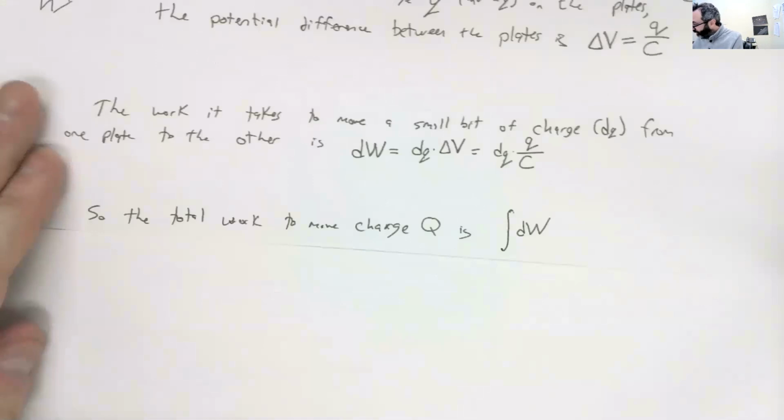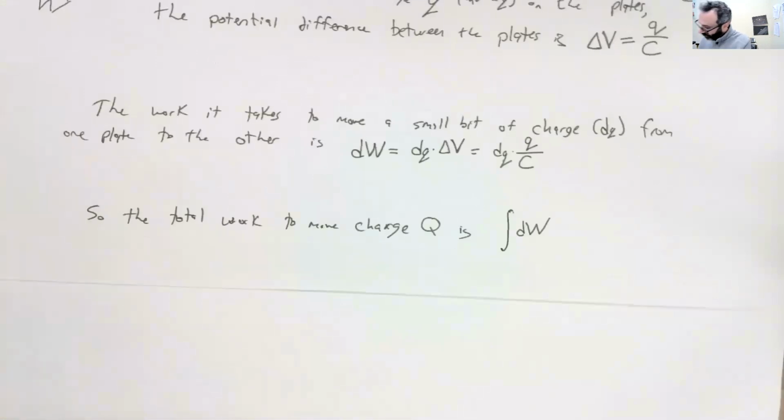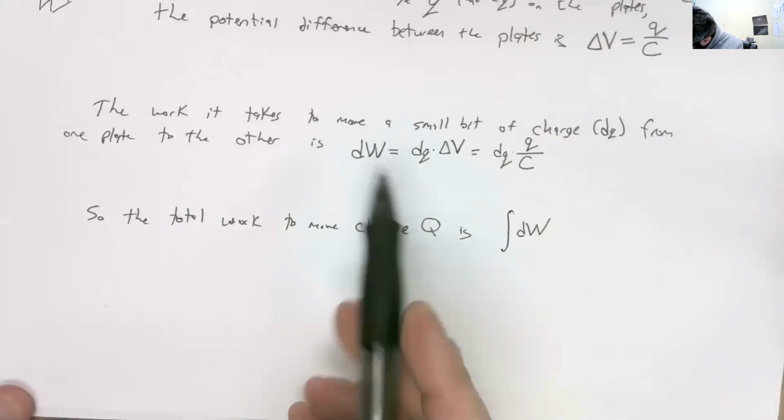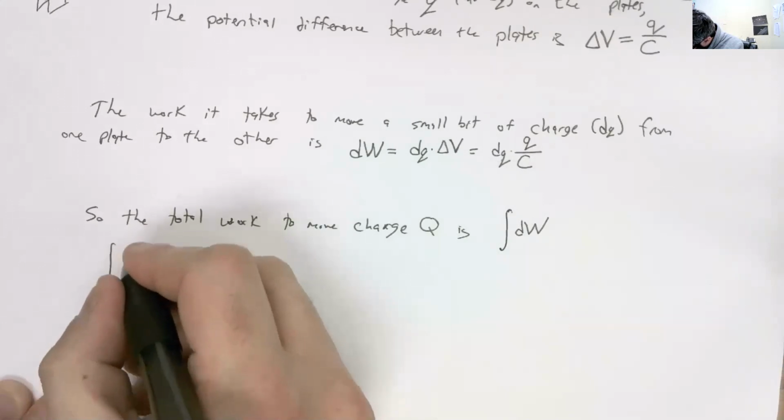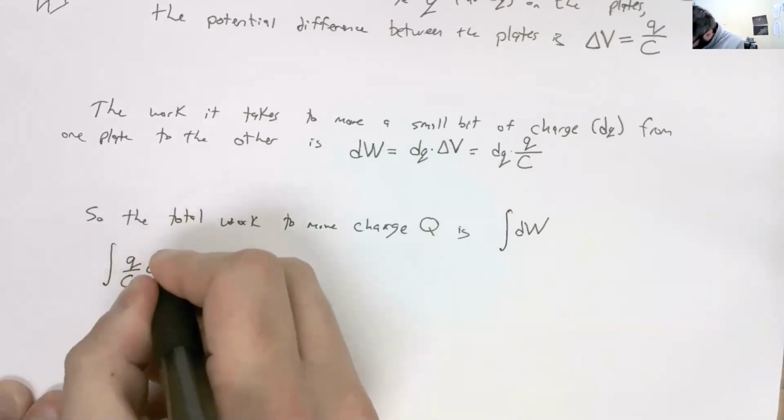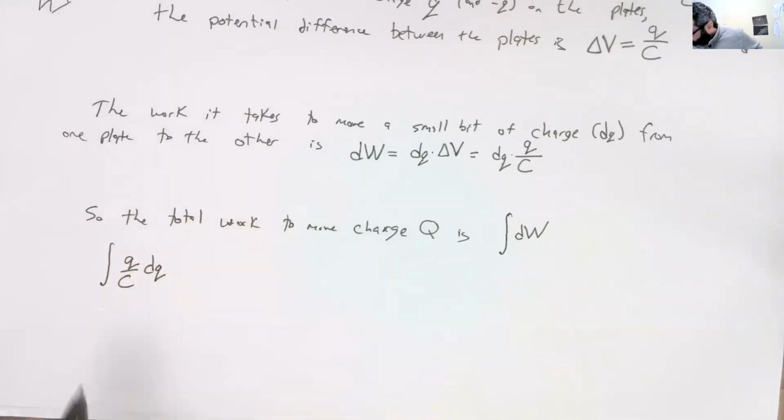All right. So now we need to do the integral, right? But we already found what dW is. That's this dq times q over c. And we need limits as well, right?